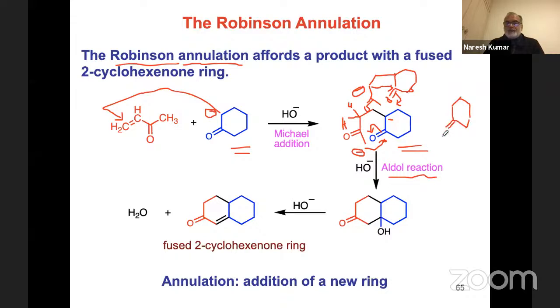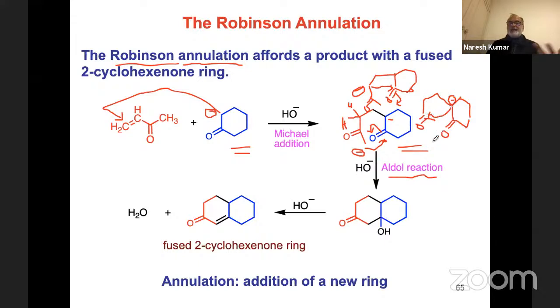So if we have CH2, CH2, CO, CH3, and we remove the proton at this position because that's also adjacent to the carbonyl, and attack that onto that carbonyl over here, you can see we get again a 1, 2, 3, 4-membered ring.